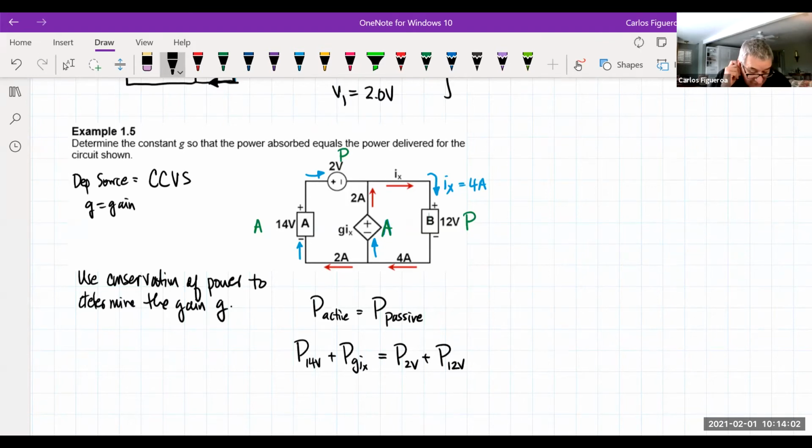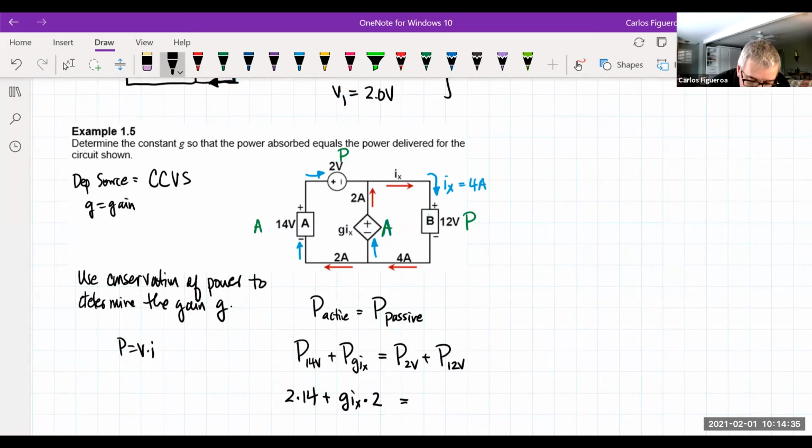So let's look at this. For the 14 volt one, I have 2 amps coming in, so this is going to be 2 times 14. Now, what's the power of the element GIX? Remember, power is voltage times current. The voltage is GIX, times the current, and in this case the current is 2.